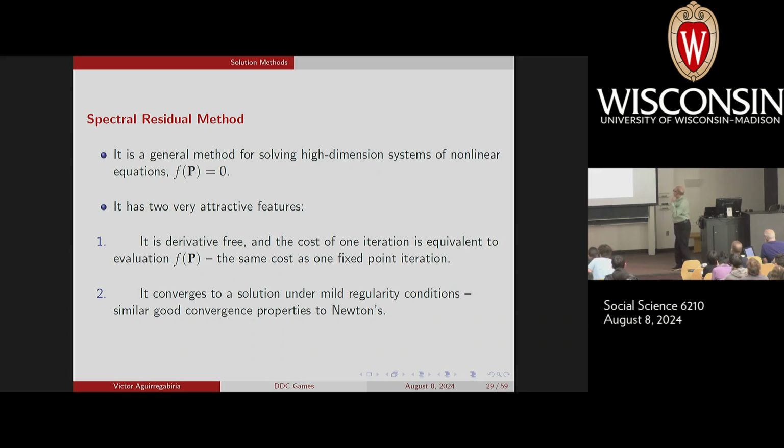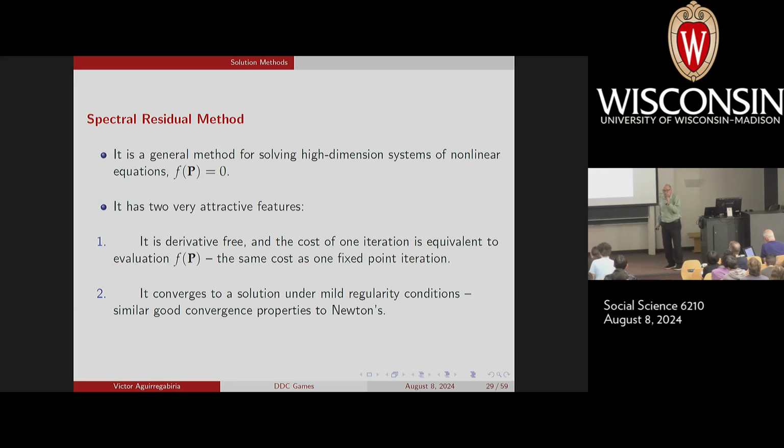And the key nice feature of these methods, and there are a lot of recent developments in that literature, is that they try to exploit the best things of fixed point iterations and of Newton iteration, okay?